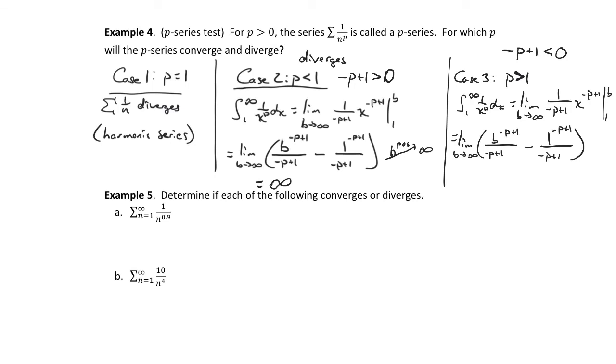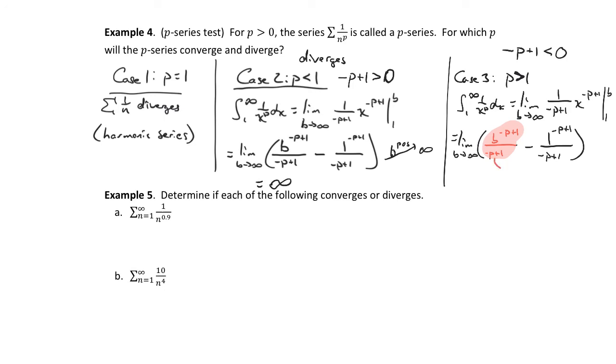Okay? So what that means is here you have b to a negative power, and b is getting really, really large. Well, a negative exponent says throw me into the denominator, make me positive. So like b to the negative 0.1 would be 1 over b to the 0.1. 1 over b to the 0.1 would be 1 over a very, very large number, so that's going to go to 0.